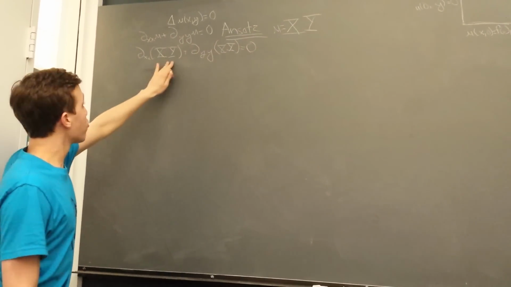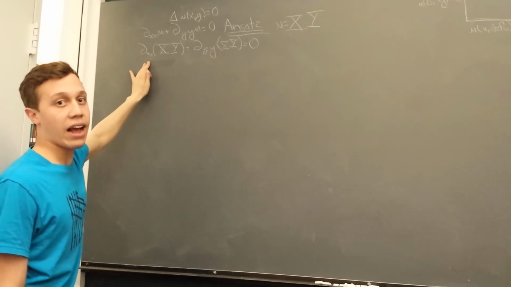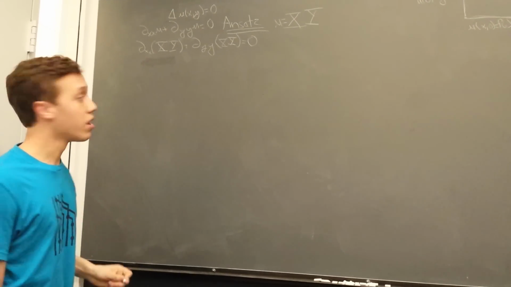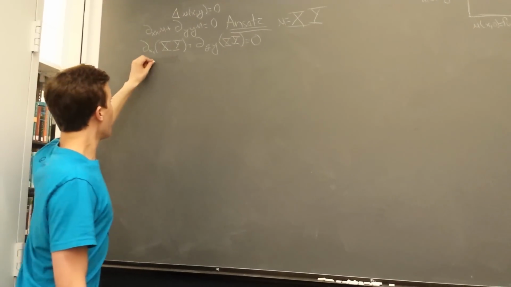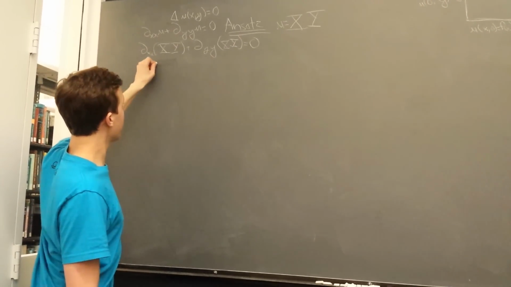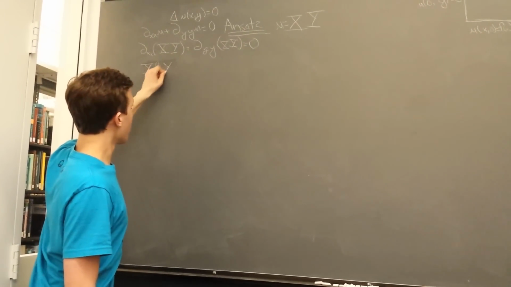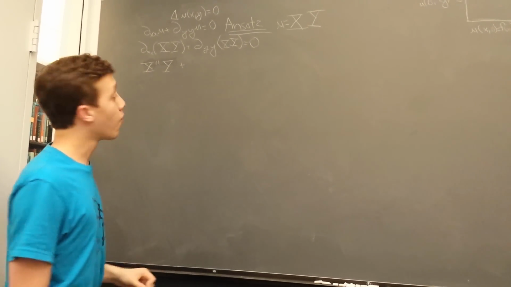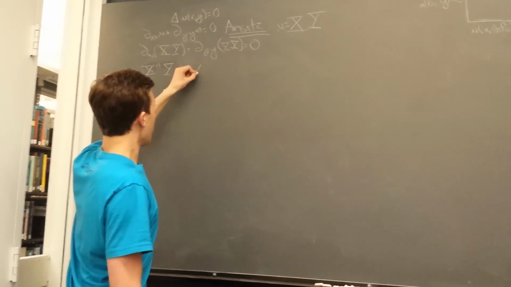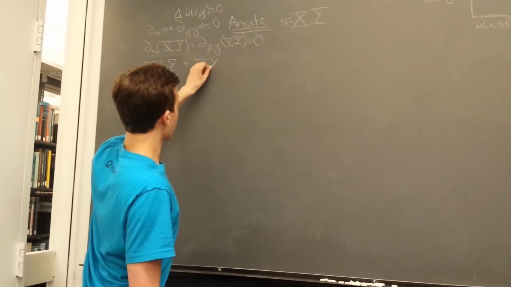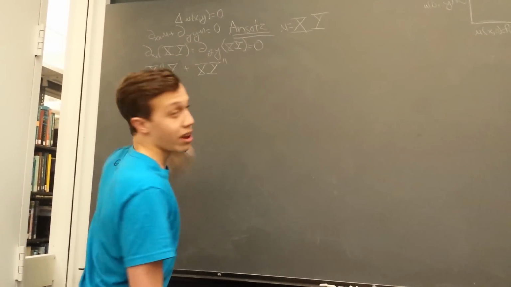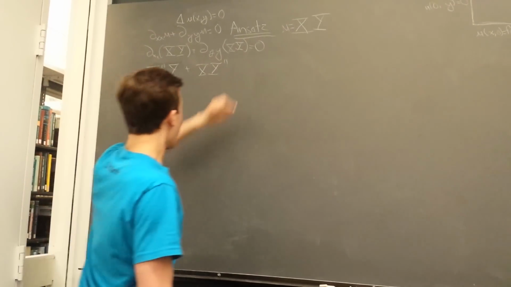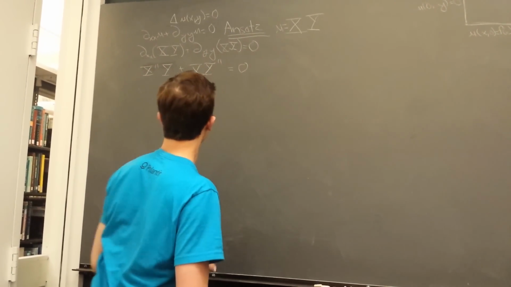For this first term, we're differentiating with respect to x, so we can hold y as a constant and just differentiate x. We'll get big X double prime times big Y, which was held as a constant. Doing a similar thing for this next term gives us big X as a constant times our second derivative of big Y. And all that is equal to 0.